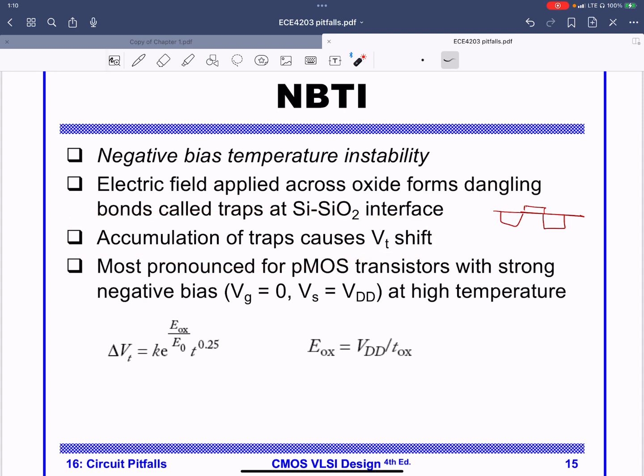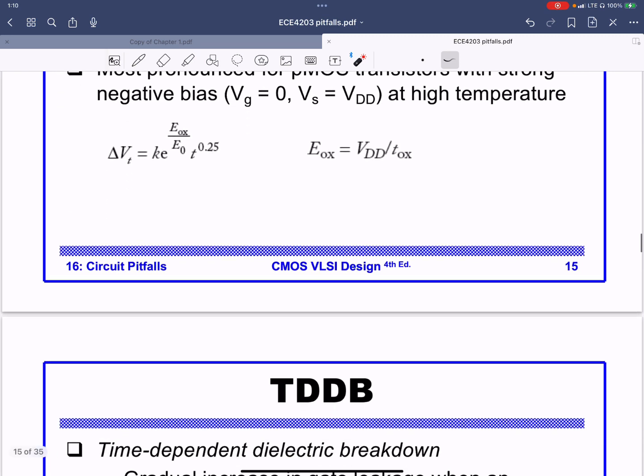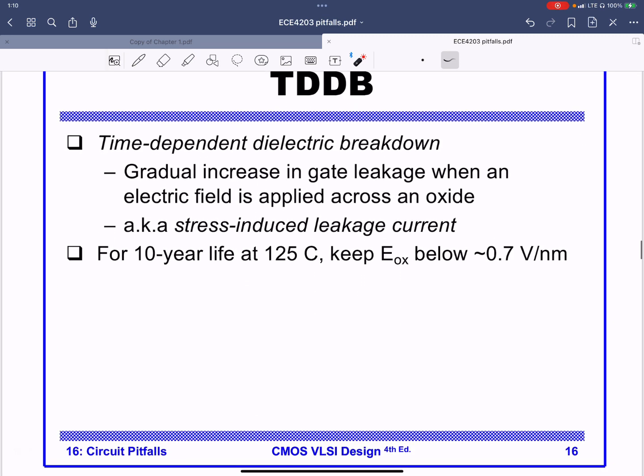and that can cause a change in the threshold voltage. We actually ran into this problem for a product at some point, a touchpad, surprisingly enough. It's more prevalent for PMOS devices, and something to watch out for. Before we ran into that problem, I was worrying about that very much.